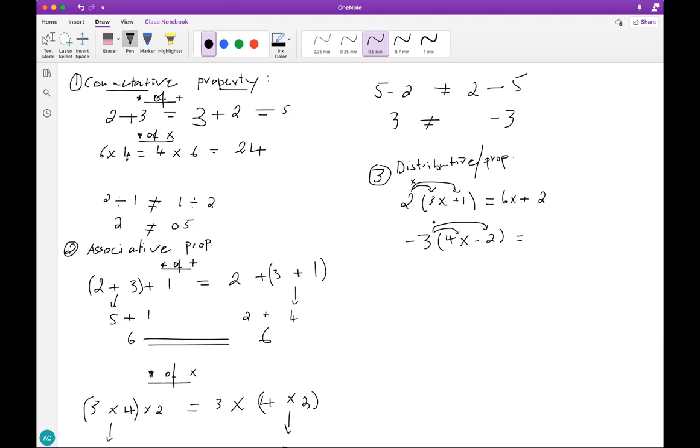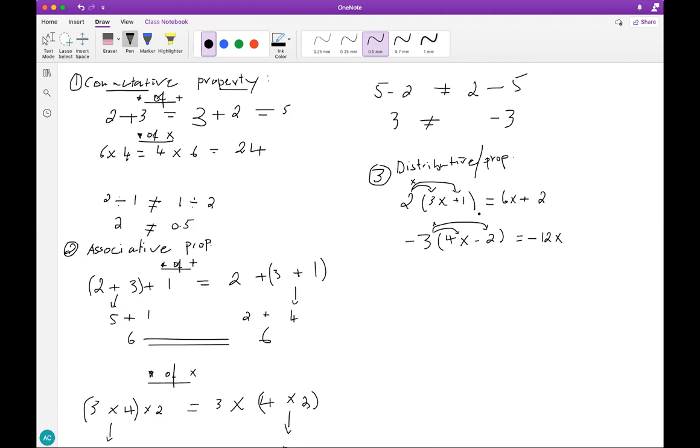So we have, again, this is a multiplication. If you have a negative times a positive here, so you're gonna write your negative. So 3 times 4, that's 12. 12 what? X. That's right, x. Then again, take that same number, -3, multiplied by the second number or term here, which is -2.